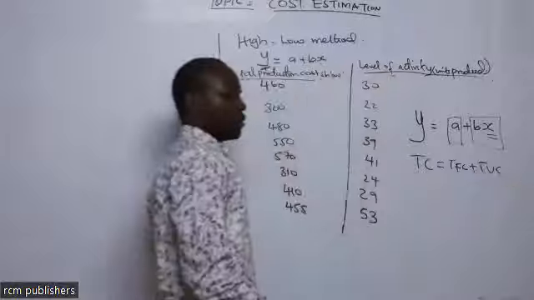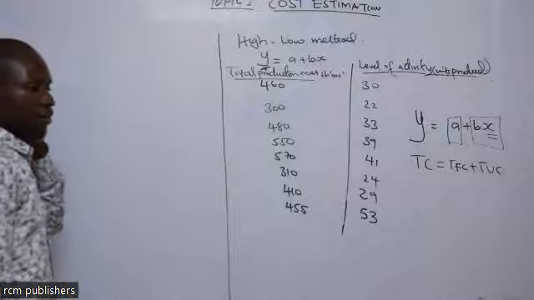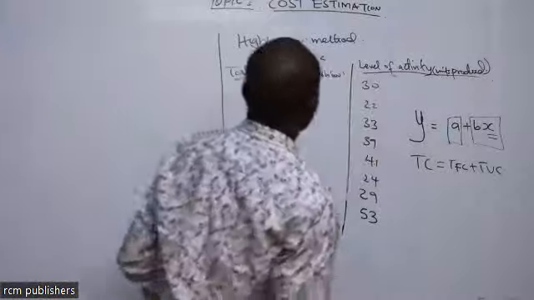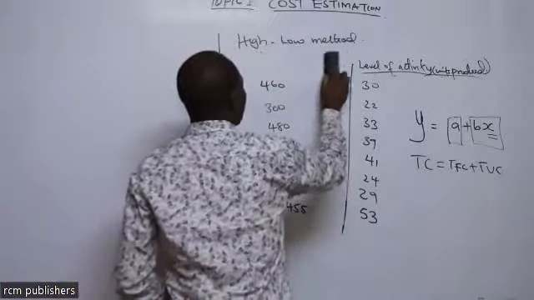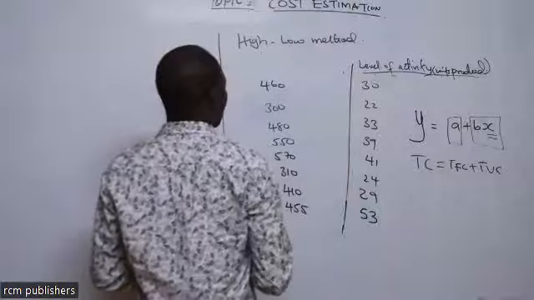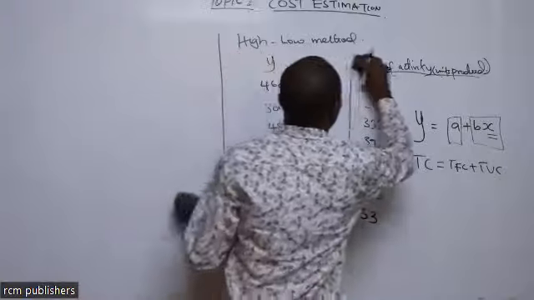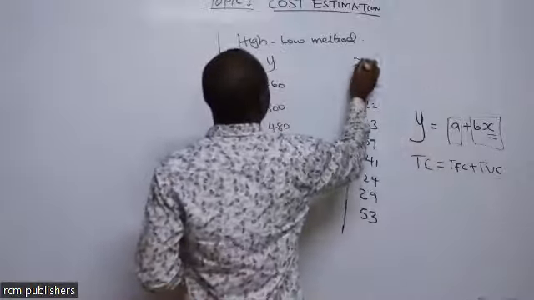Once you've known that, there's no need of again writing these titles. So we now know very well that you only have two: we have y and x.